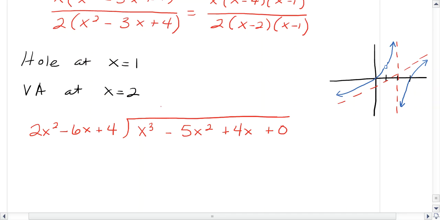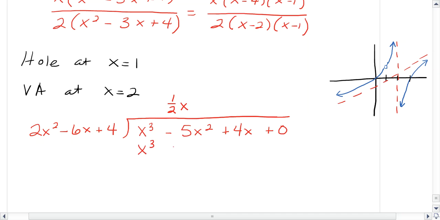So just to review, we ask ourselves, what can we multiply this 2x squared by to get an x cubed? Well, to get rid of the 2, to get that to a 1, I need a 1/2. And to go up to an x cubed, I would need another x. So multiplying 1/2 x times 2x squared would give me x cubed.